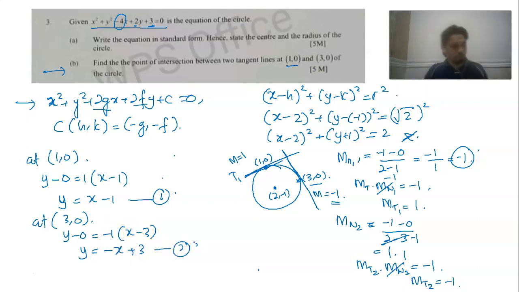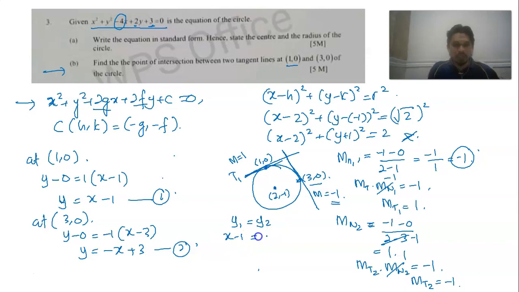Equation 2. Now to find the intersection point, we have two equations with two variables, linear functions: x minus 1 and negative x plus 3. You can use the substitution method or the elimination method. Since both are y, make y1 equal to y2.